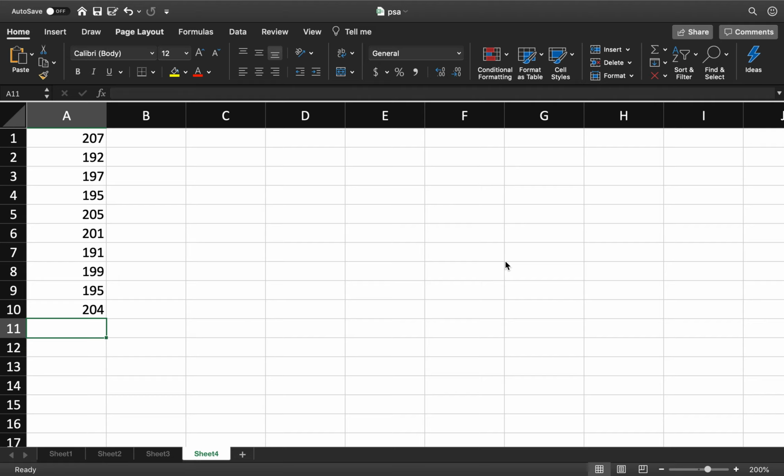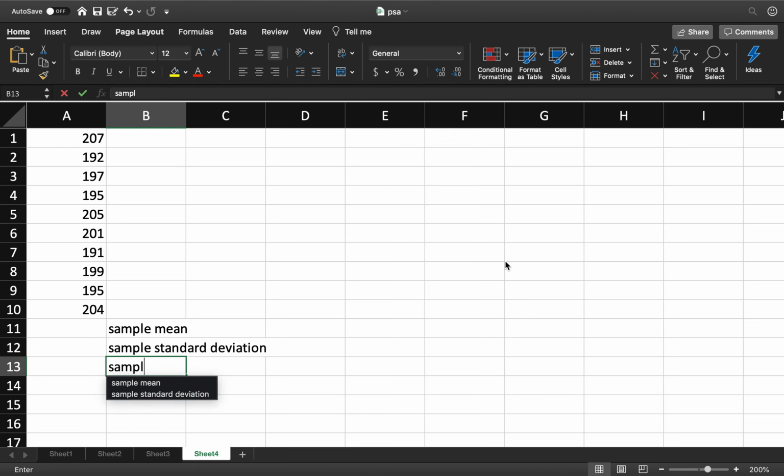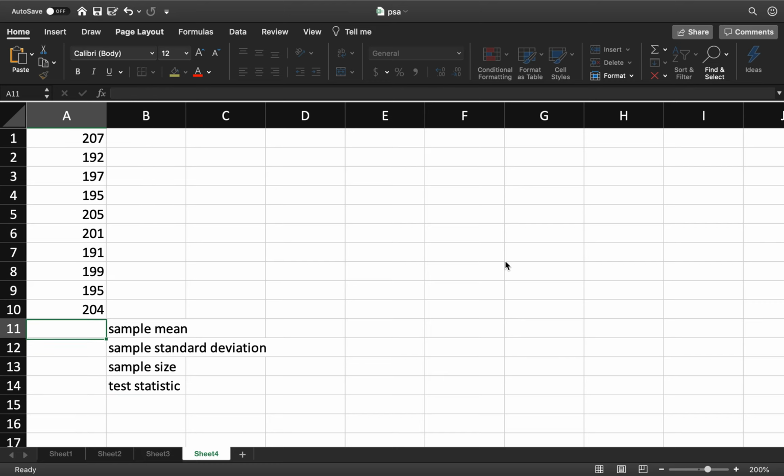We still need to do a hypothesis test. What do we need? We need a sample mean. We need a sample standard deviation. And we need a sample size. And we're going to use that to make a test statistic. Our sample mean, we just take the average of the data. Here it is.